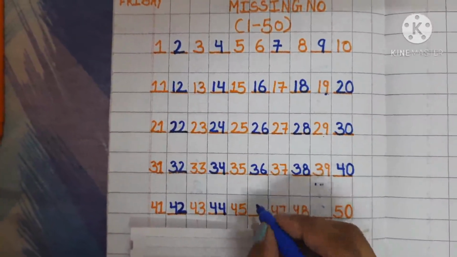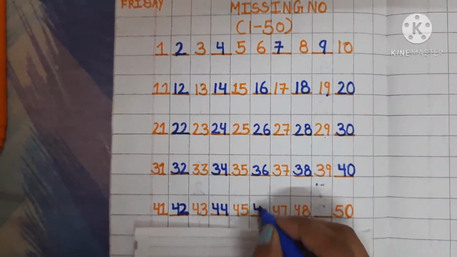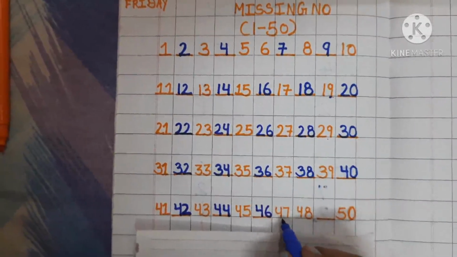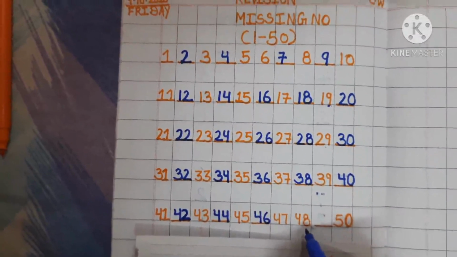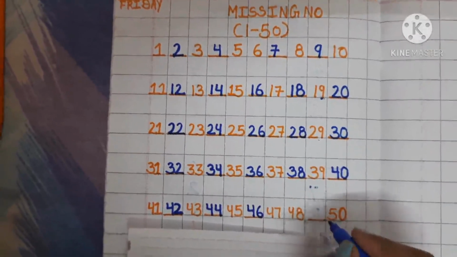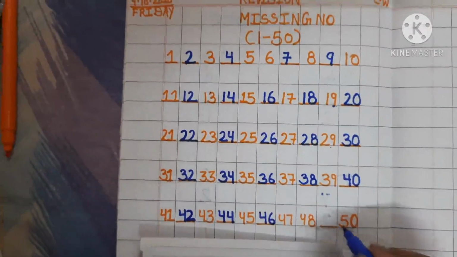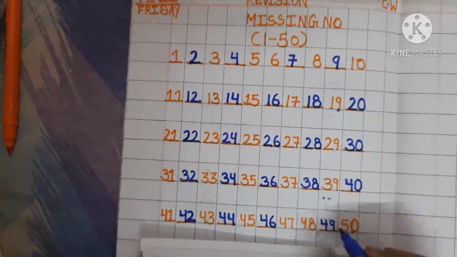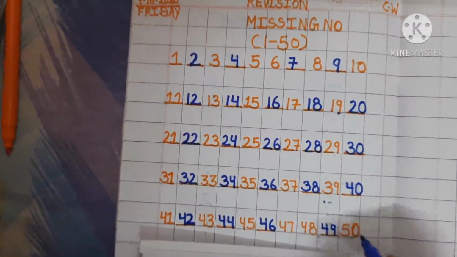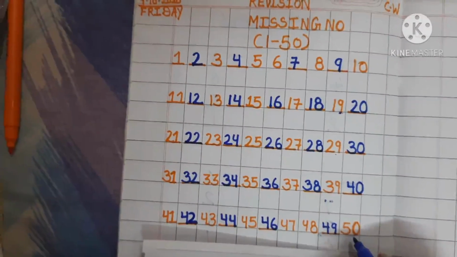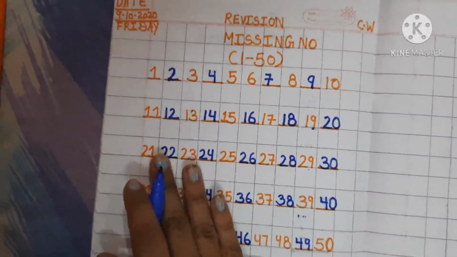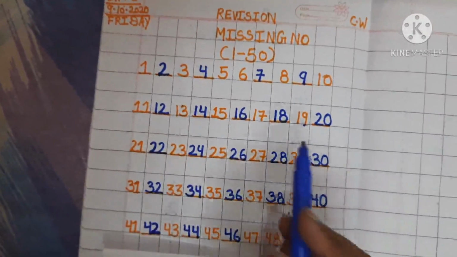Now which number is missing? 46. Then 47, 48. 48 after what will you write? 49. This number is missing. 49 after what will you write? 50. So again I am repeating.